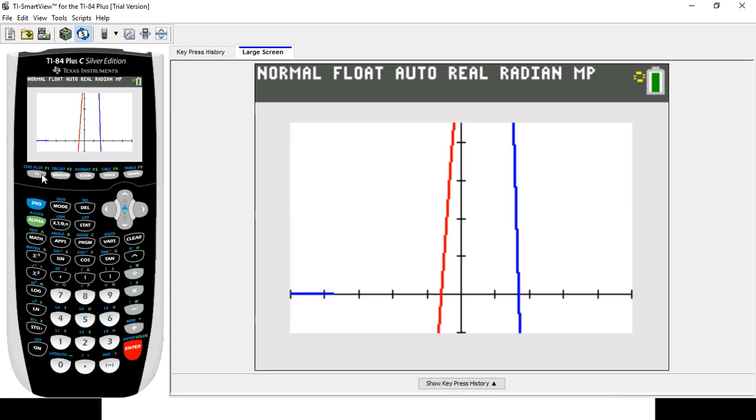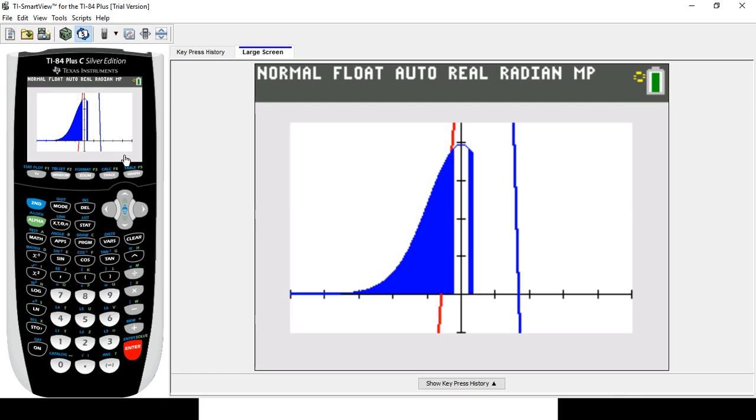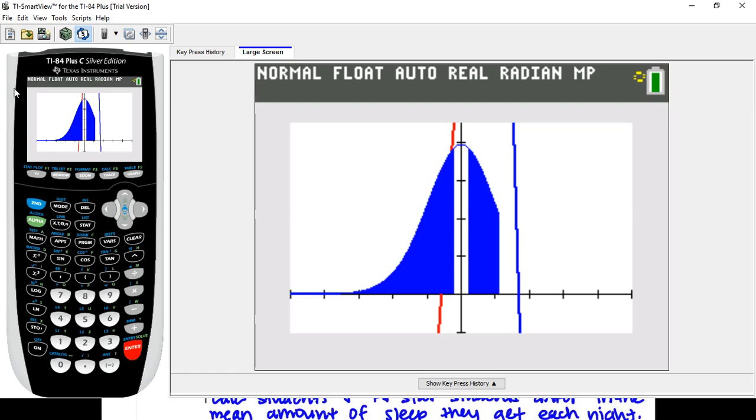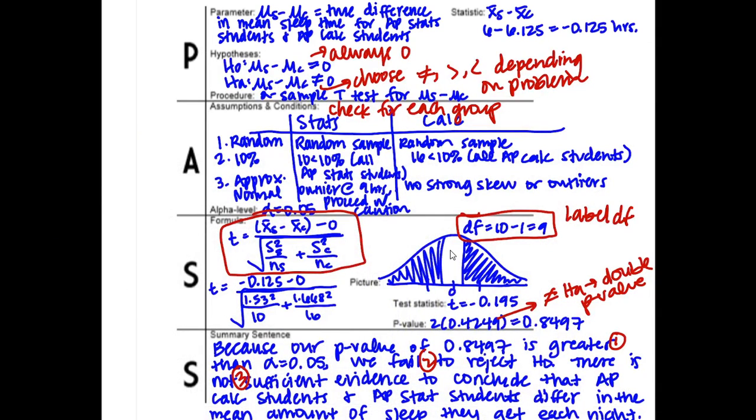Ignore the lines, but this looks like the curve I drew. And so you just want to make sure you label DF equals at the top, and then copy that picture down for your picture if you want help drawing the picture.